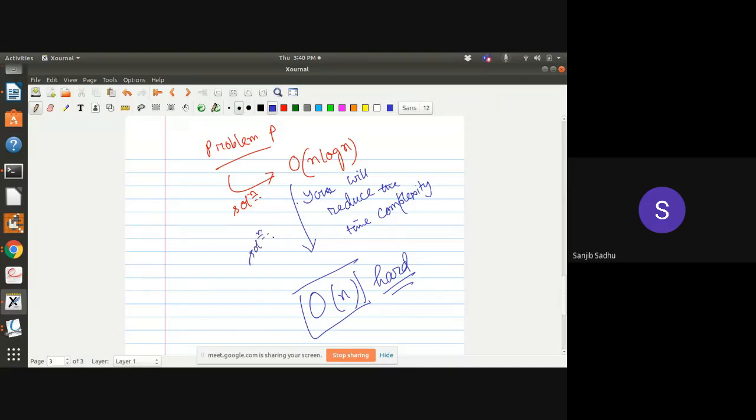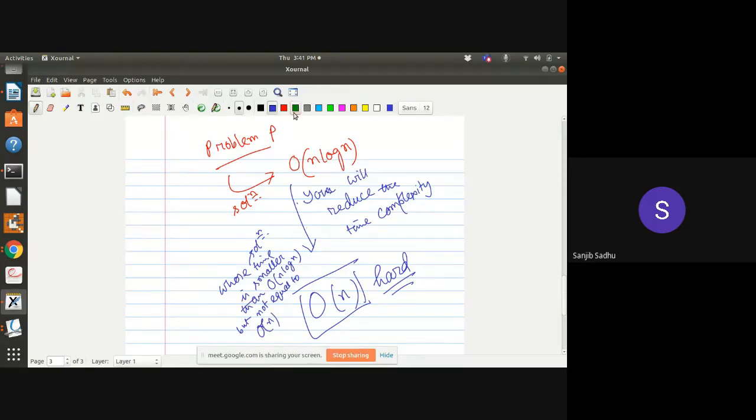But you have found a solution whose time complexity is smaller than big O of n log n, but not equal to big O of n. Clear?